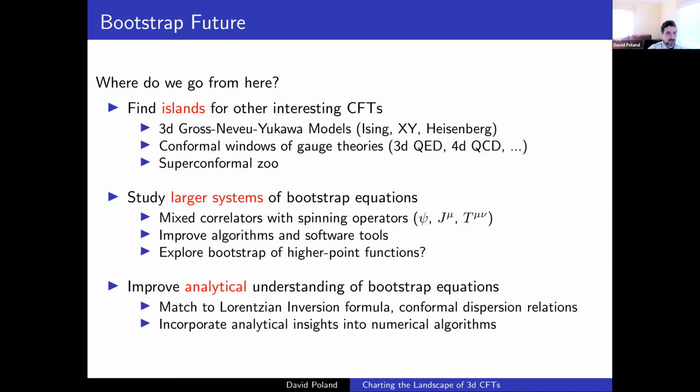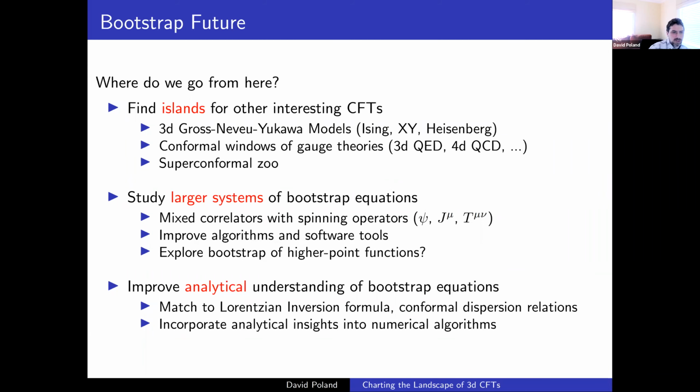There's a whole zoo of superconformal field theories that are interesting to study using the Bootstrap. And all these future directions involve pushing to larger systems of mixed correlators, probably involving spinning operators, which in turn involves improving our algorithms and software tools.